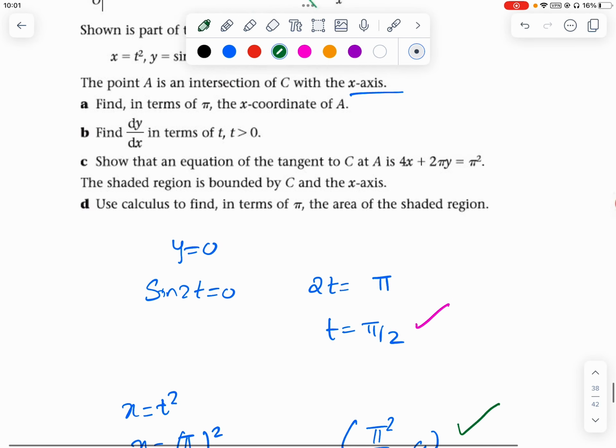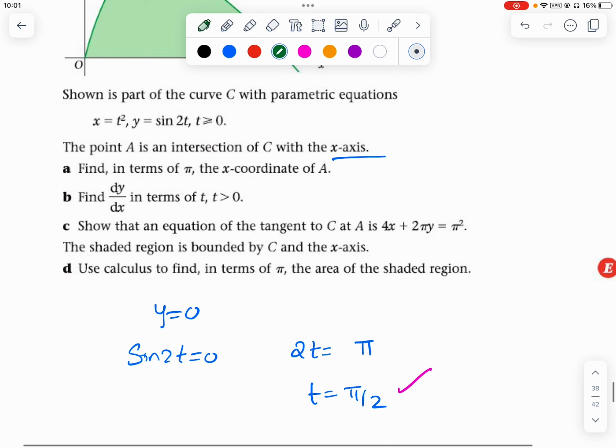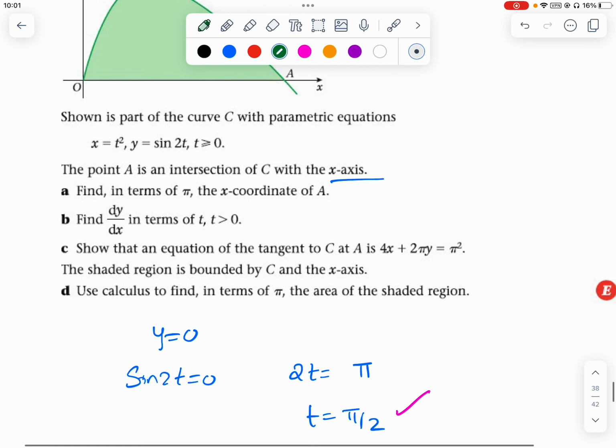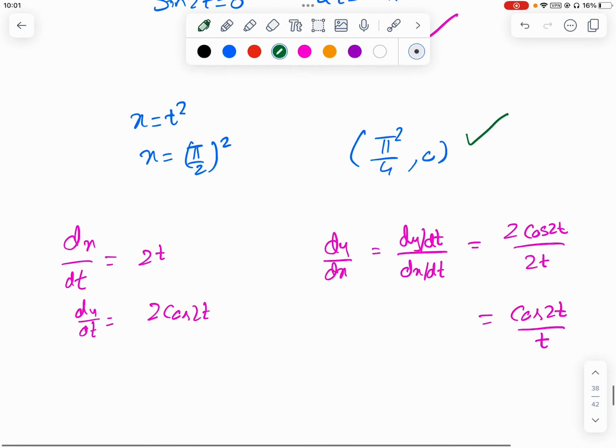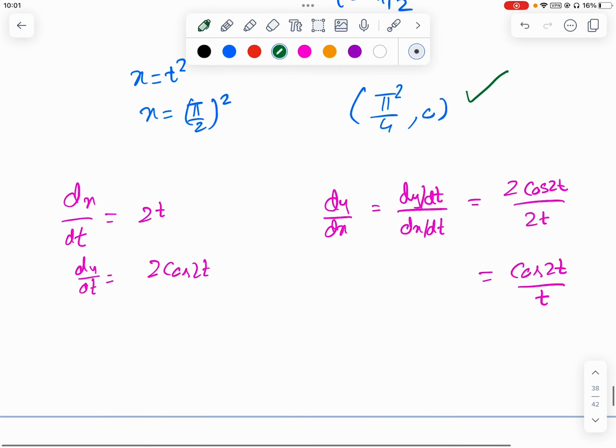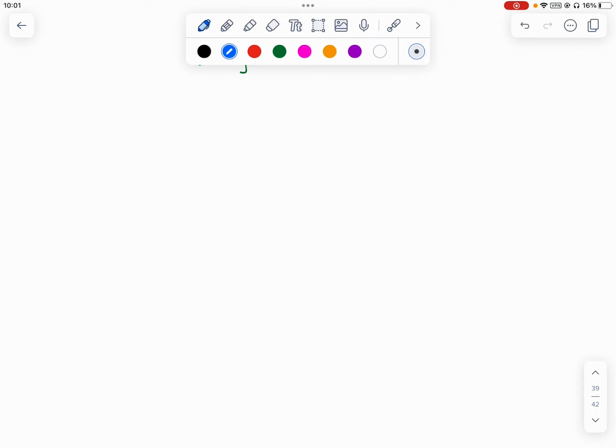Then the shaded region is bounded by curve C and the x-axis. Use calculus to find, in terms of pi, the area of the shaded region. So anytime, area equals the integral of y dx. The limits are t equals 0 to t equals pi by 2. y is nothing but sin 2t.